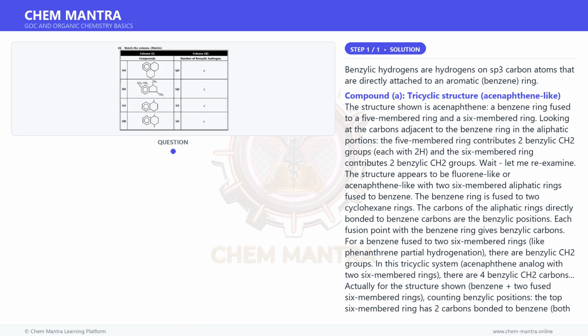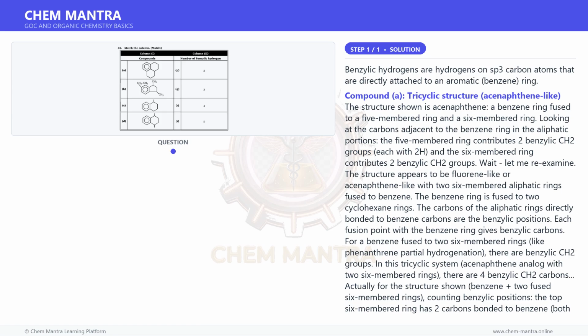Wait, let me re-examine. The structure appears to be fluorene-like or acenaphthene-like with 2 6-membered aliphatic rings fused to benzene. The benzene ring is fused to 2 cyclohexane rings. The carbons of the aliphatic rings directly bonded to benzene carbons are the benzylic positions.